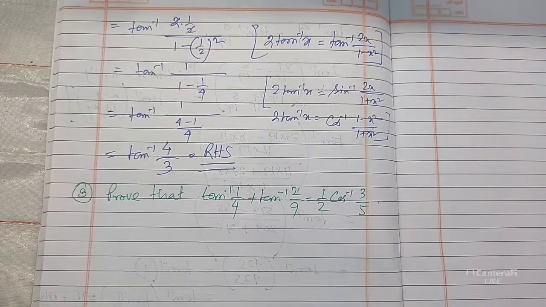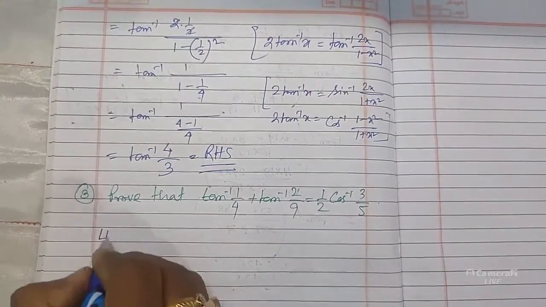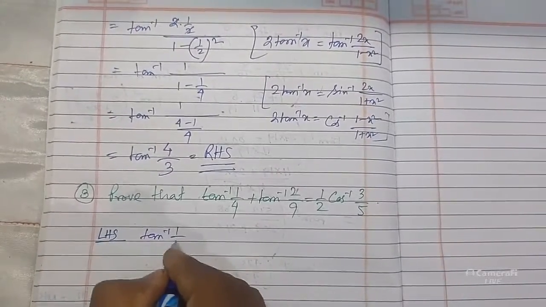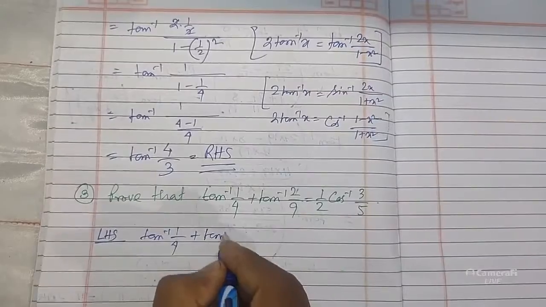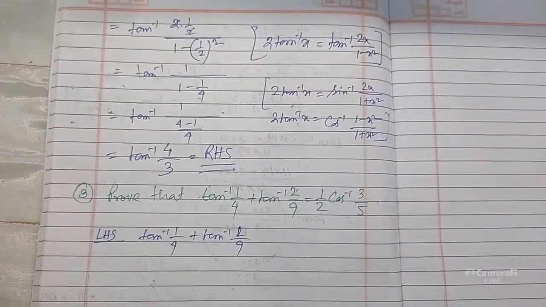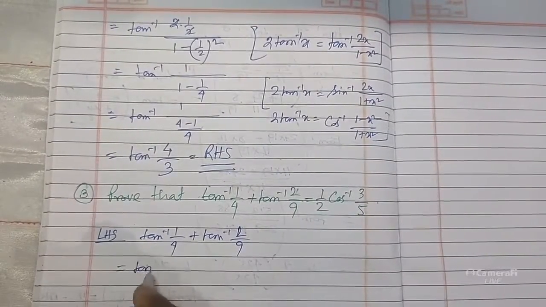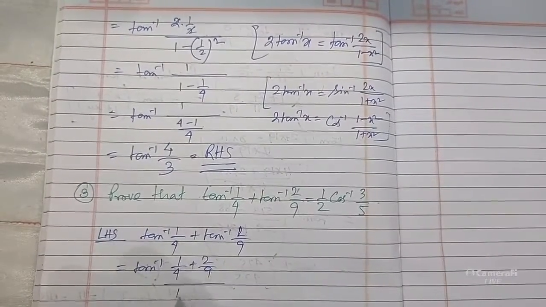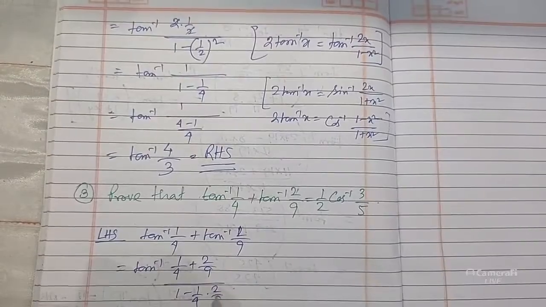So let us first solve LHS. LHS is tan inverse 1 by 4 plus tan inverse 2 by 9. So this is equal to tan inverse 1 by 4 plus 2 by 9 divided by 1 minus 1 by 4 into 2 by 9.